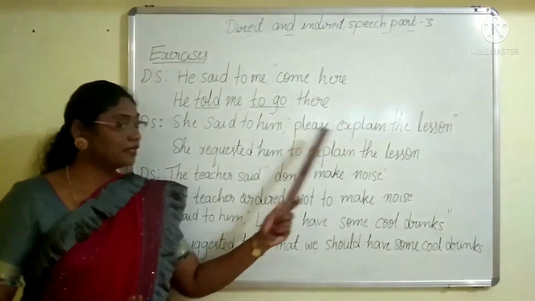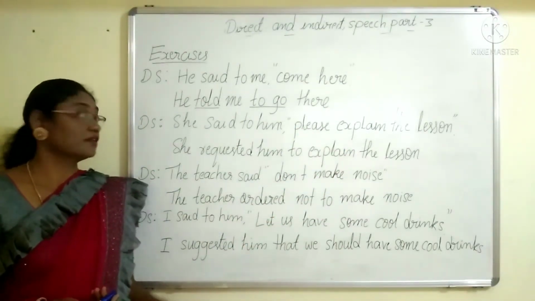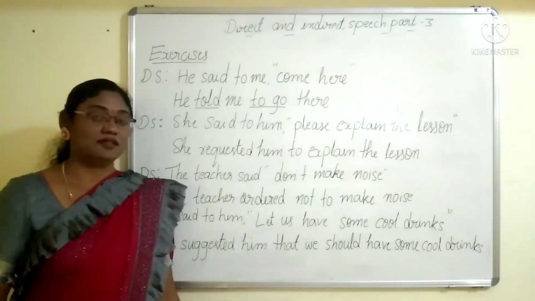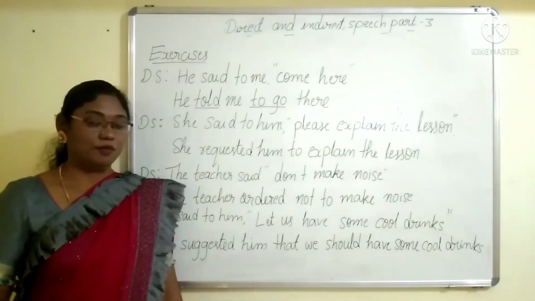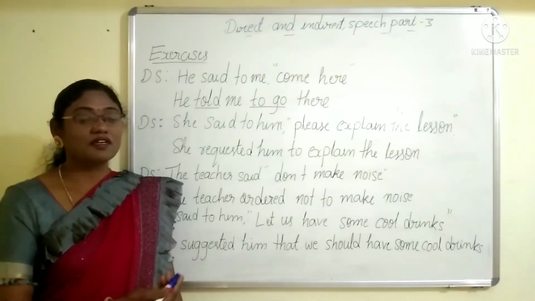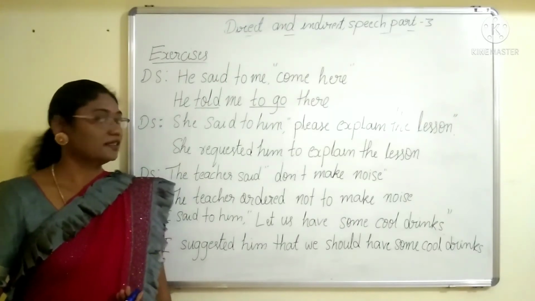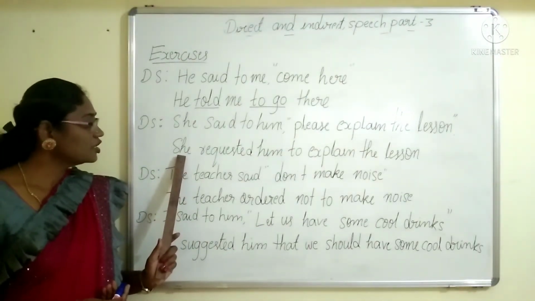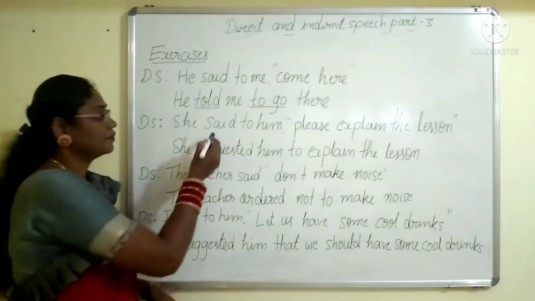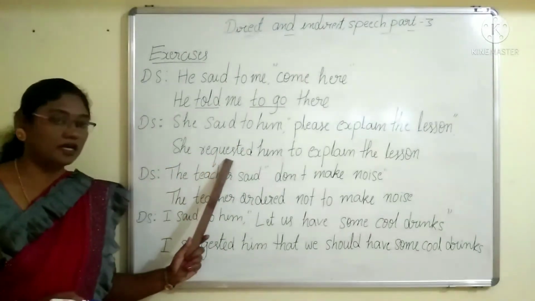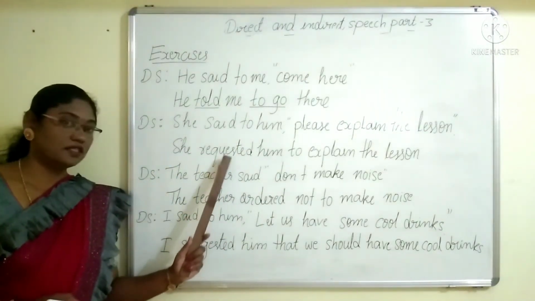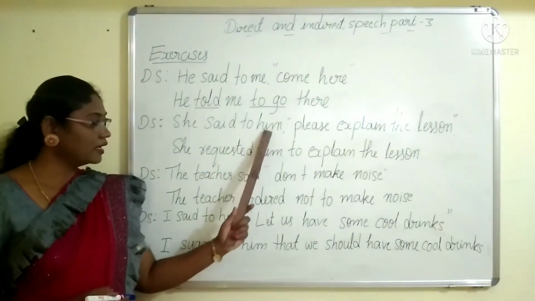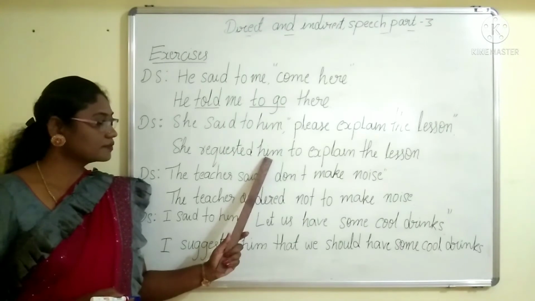See, this word here indicates something like a request. She is going to request him, please explain this lesson. Please explain this topic. Okay, that is something requesting. So here, in reported speech, I used she requested. Said became requested. This is the reporting verb, and "to" is eliminated and "him" should be written as it is.